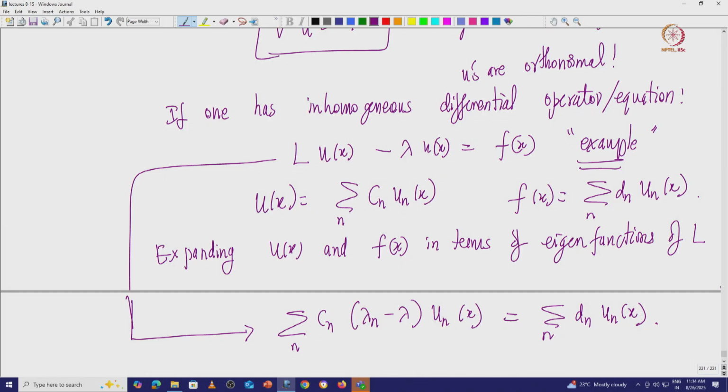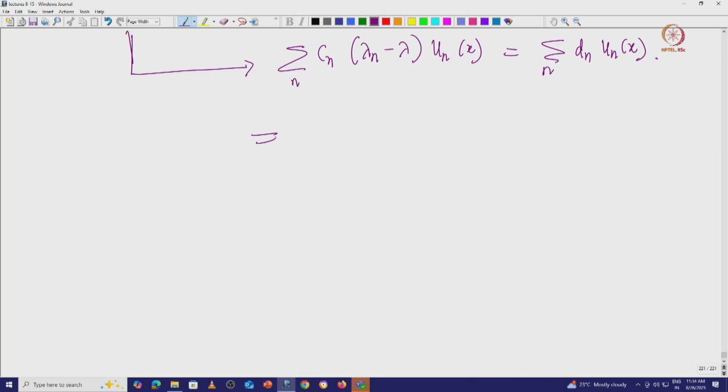Okay. So this implies Cn is equal to dn by lambda minus lambda. Now this implies u of x, the original u of x, is equal to sigma n Cn un.